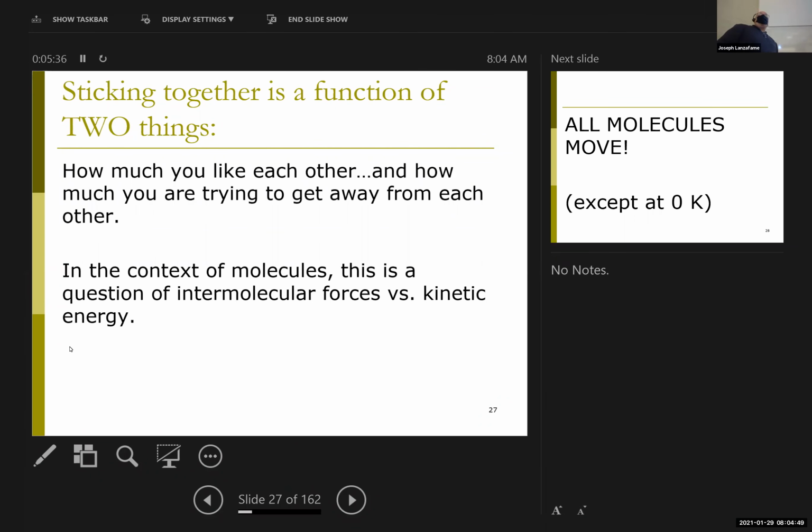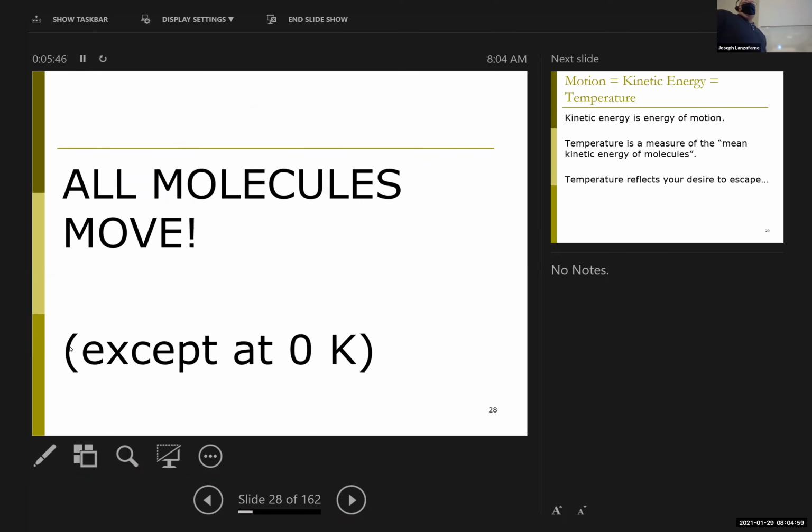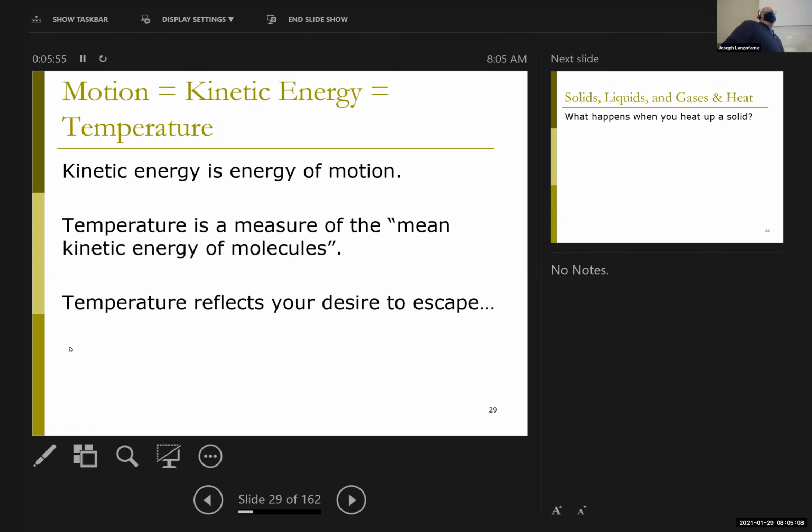And so in the end, we end up using phase changes, and specifically phase change temperatures, as a way to assess the strength of the intermolecular forces. And again, my continuing theme: the molecules are moving except at 0 Kelvin.